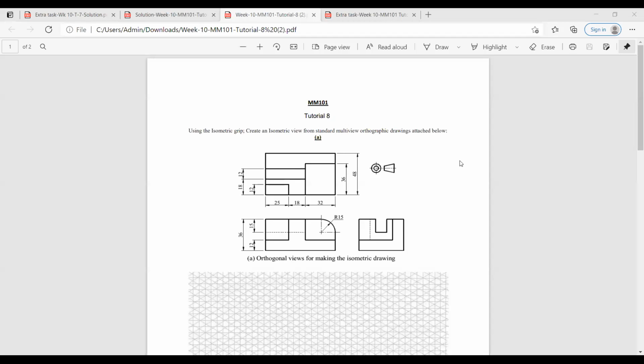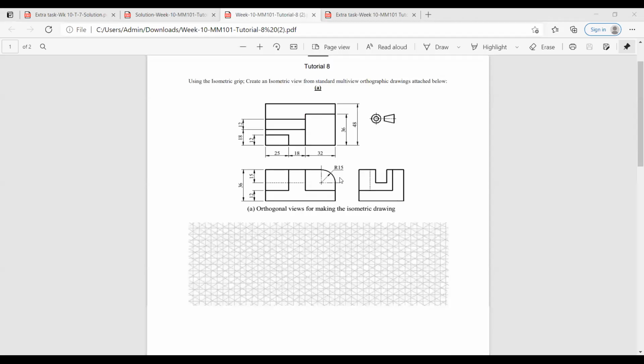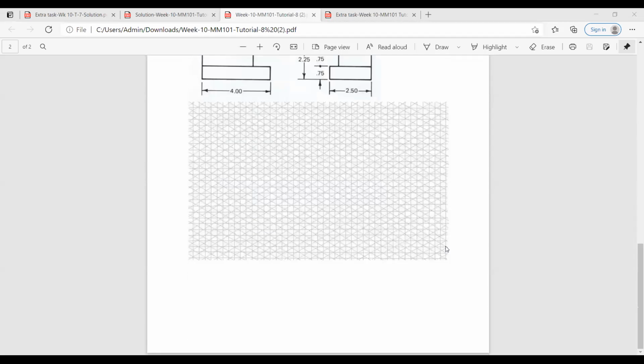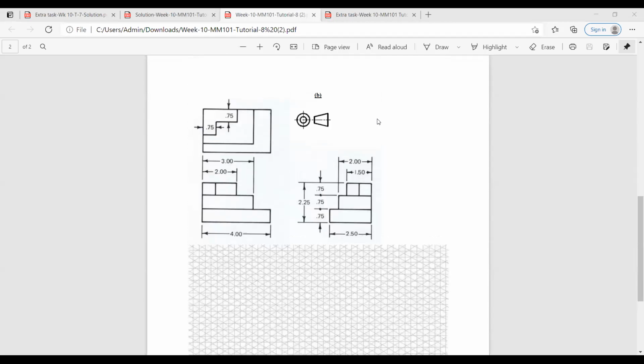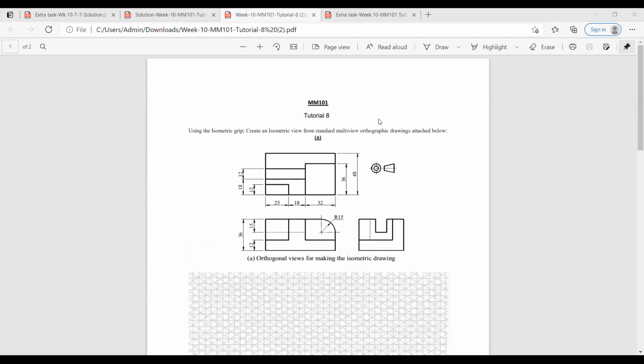Because for this week's tutorial, we will ask you guys to draw the isometric views. For question 1, part 2, take a picture and then post it to that Viber forum. That way you'll get your attendance.